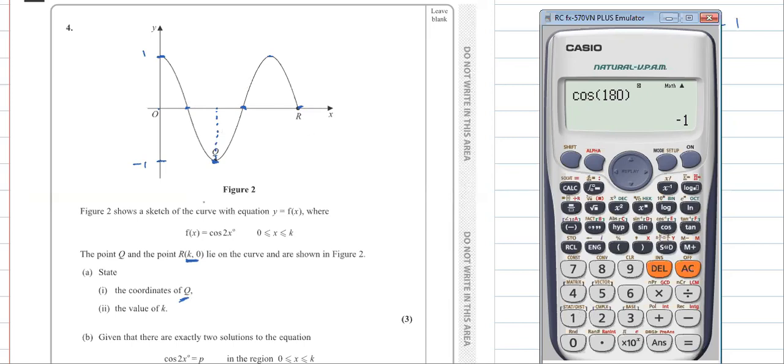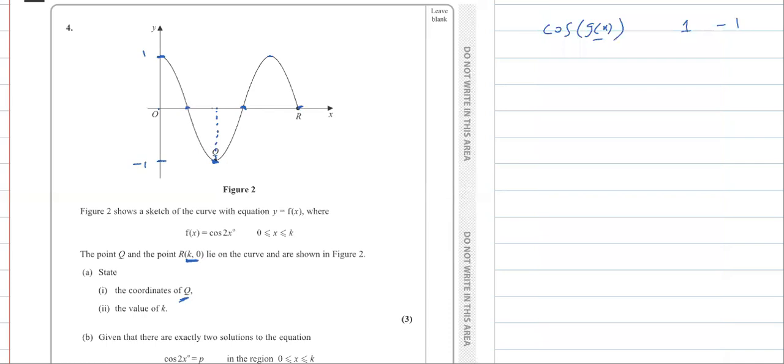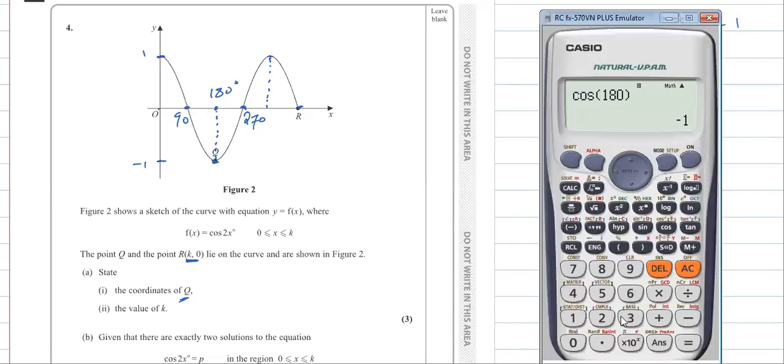So it's given that you have to write the coordinates of this Q. Clearly you can say this is 90 degrees, this is 180 degrees, because 90, 180, then another 90 will be 270 degrees, then another 90 will give you 360 degrees.